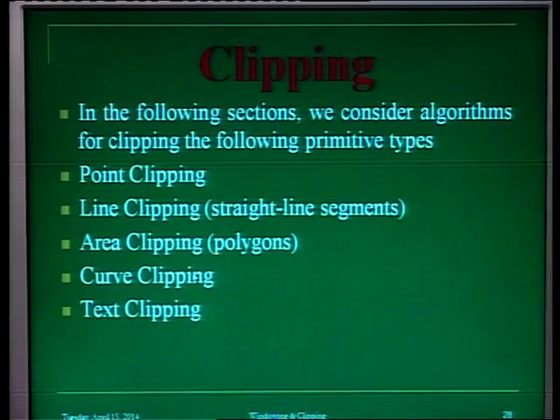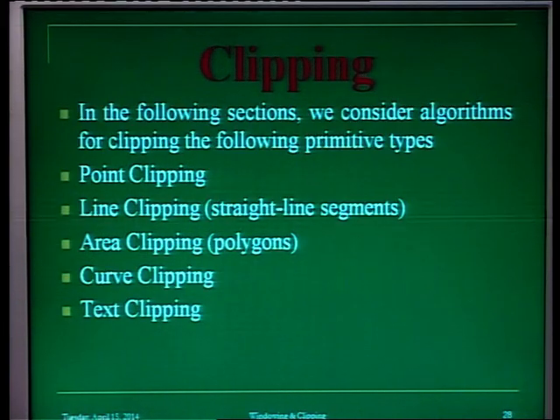So, in the following section we will consider the algorithms for clipping the following primitives. First of all, point clipping, because this is the basic primitive used in each and every next primitive to be scan converted. With the point we can draw a line, area, curve, text and so on.